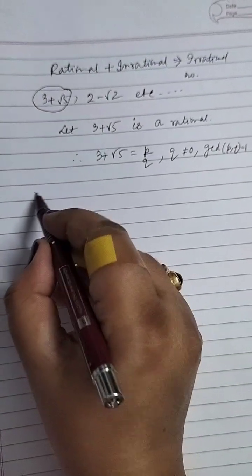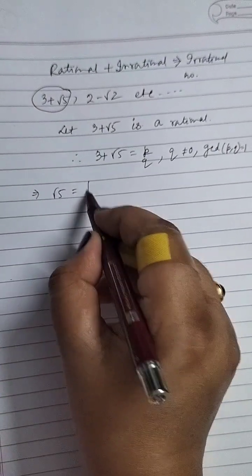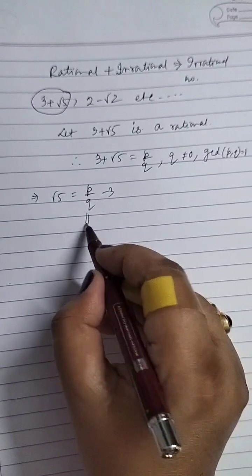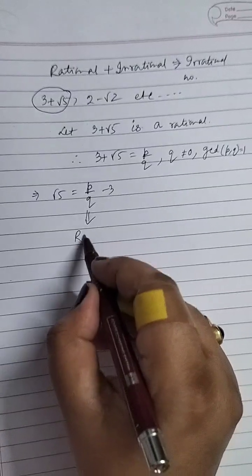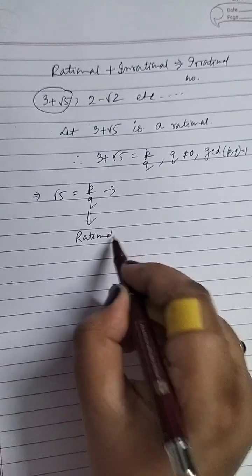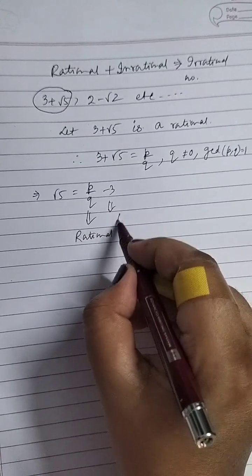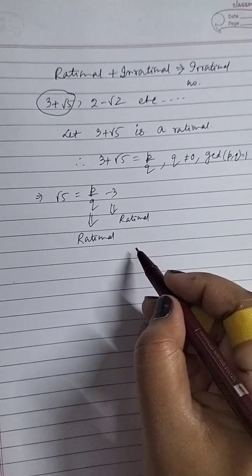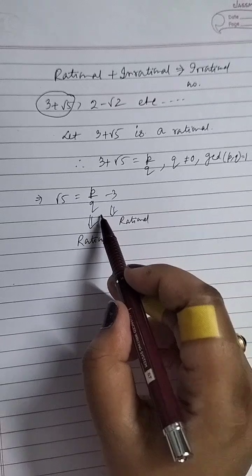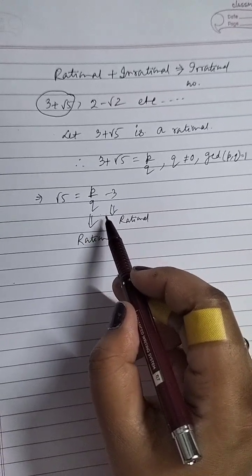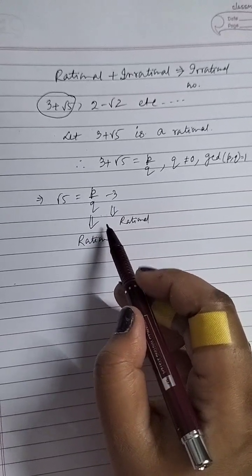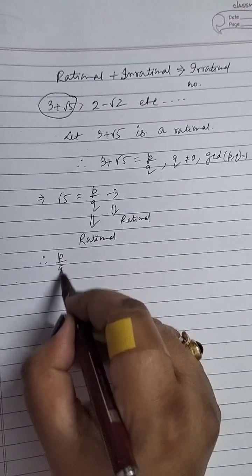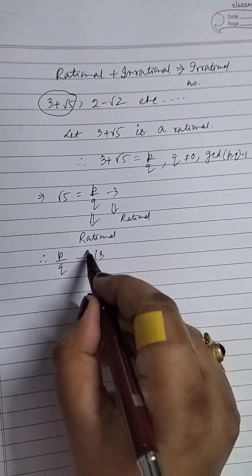Okay, so clearly we get root 5 equals P by Q minus 3. Now look students, P by Q as per our assumption is a rational. 3 is also a rational, because it can be written as 3 by 1. And we know addition, subtraction, multiplication, division of two rationals will also give us a rational. So obviously P by Q minus 3 is a rational.